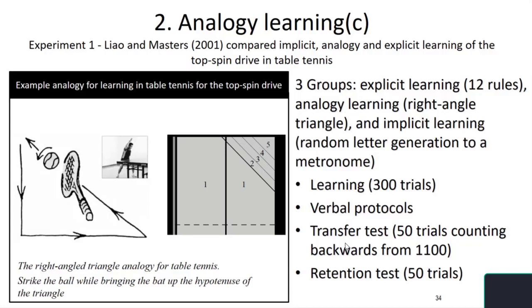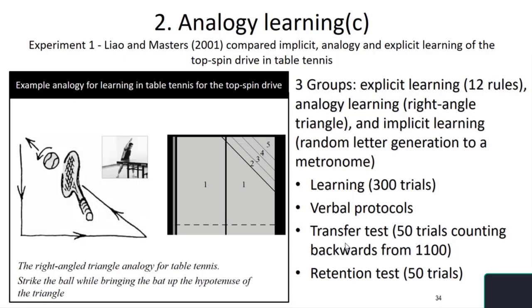So these three groups: the explicit learning group learned 12 explicit rules that were written down for them. There was an analogy learning group which used a right angle triangle analogy, and then an implicit learning group which would generate a random letter at the beat of a metronome.